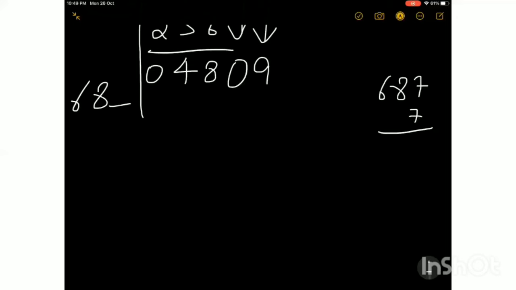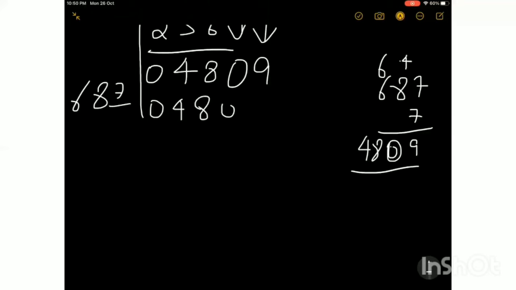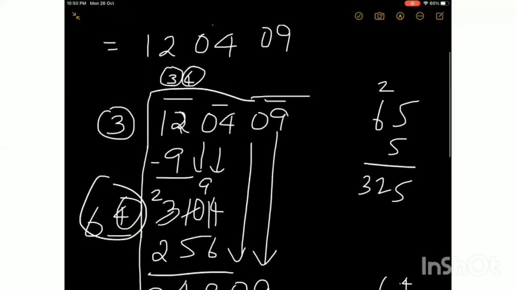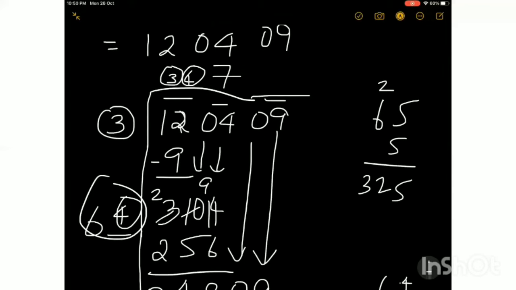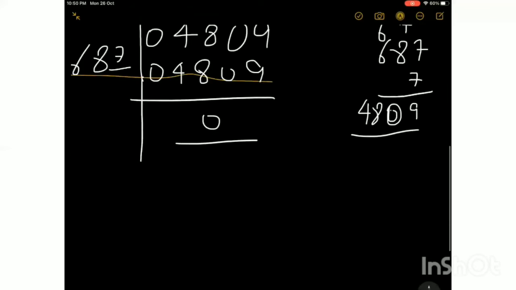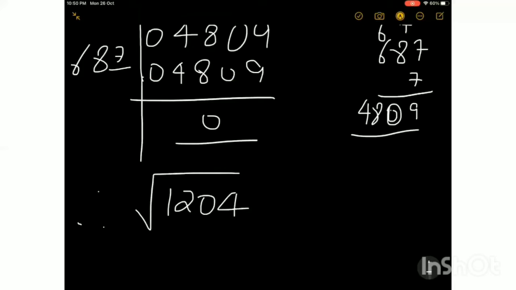So let's try with 687 into 7. So it comes as 4809. Yes, it exactly can. So 687, 4809, 0. When the remainder comes as 0, we stop the sum here. So we put 7 in the quotient, and therefore 347 is the quotient there, and the quotient is the required square root of the given number. So square root of 120409 is 347. Simple, right?